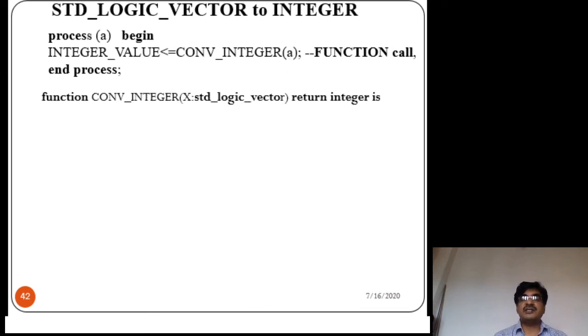That function converts that number, say a binary number, into an integer, then returns that value to the integer value. Okay, so the end result, that is the integer result, is loaded in the integer value. Okay, end process. Let us see the function for this one.